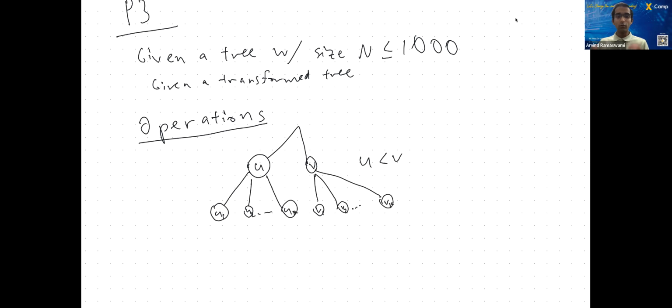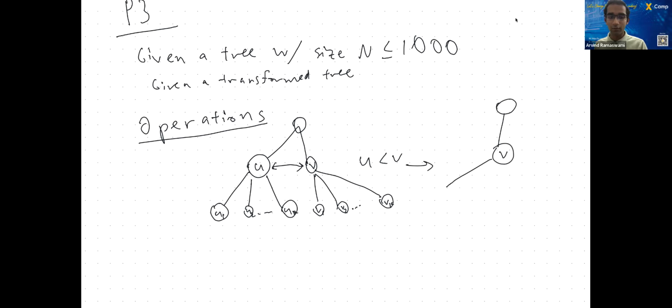then you can merge U and V. The result of this merge operation is that they get replaced by one vertex, and the label on that vertex is the larger one of the two, V. And the children of this vertex is the union of the children of both vertices.